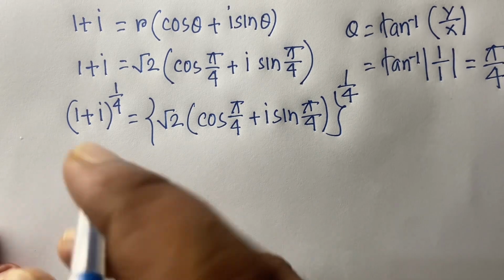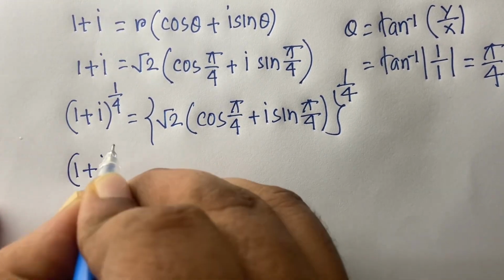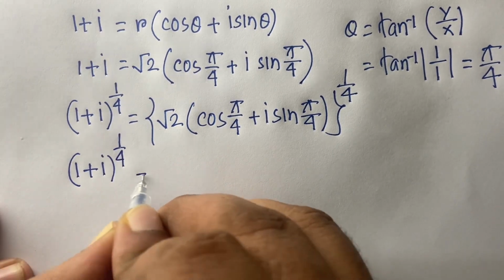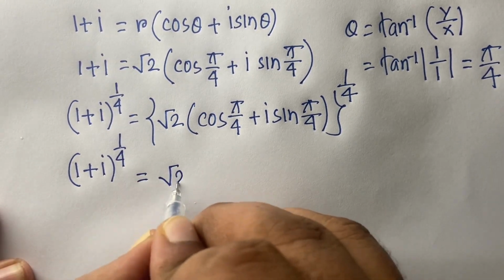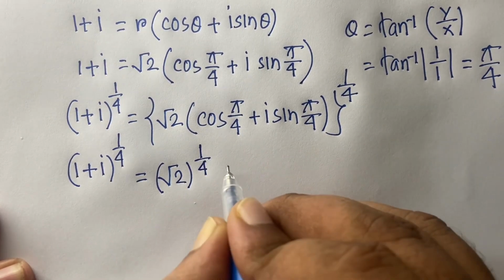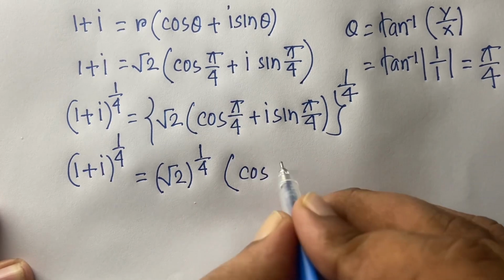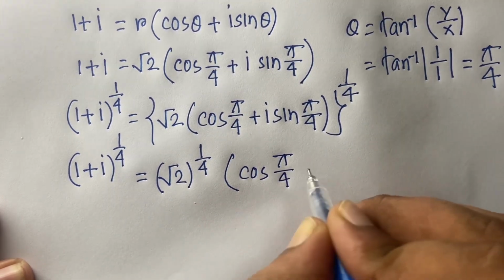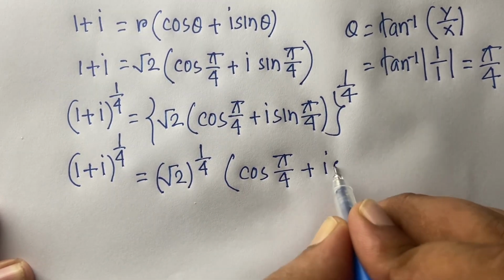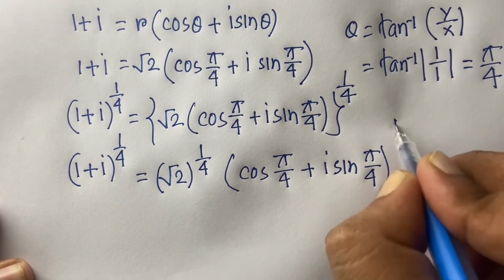Then this equation becomes (1 plus i) to the power 1 over 4 is equal to square root 2 to the power 1 over 4, times (cos pi over 4 plus i sin pi over 4) to the power 1 over 4.